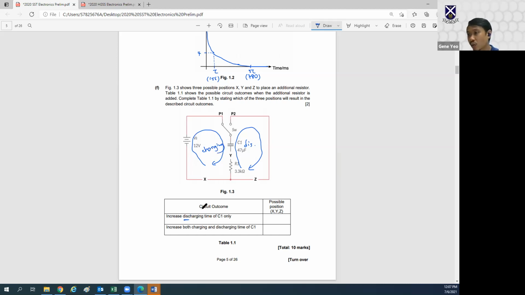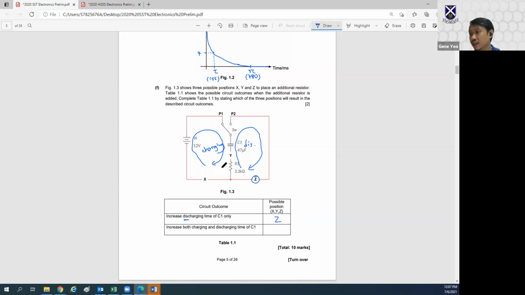If we are only talking about discharging, I don't want another resistor here because this will affect both. I don't want this resistor here because it has nothing to do with the discharge circuit. So the only place that has a connection to the discharge is at Z. By placing it at Z, I'll only increase the discharge time.